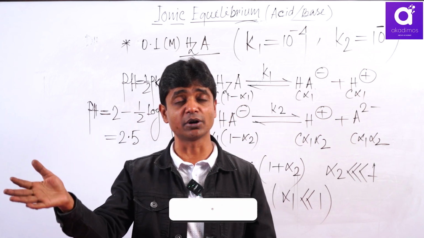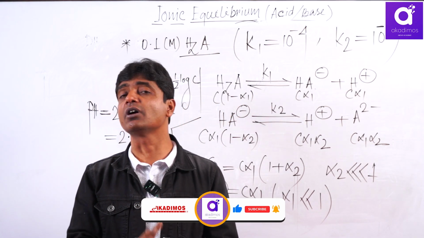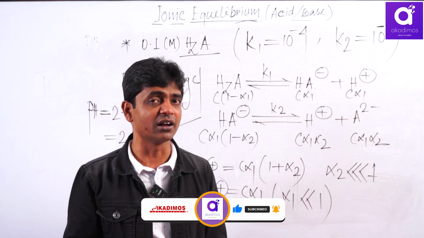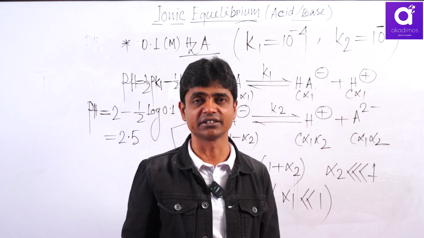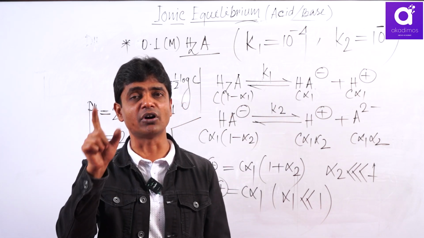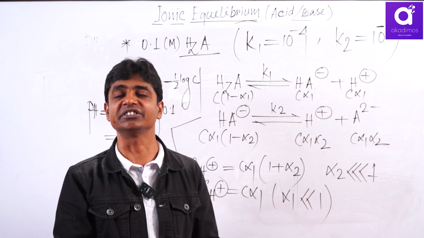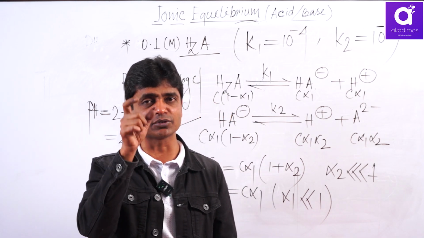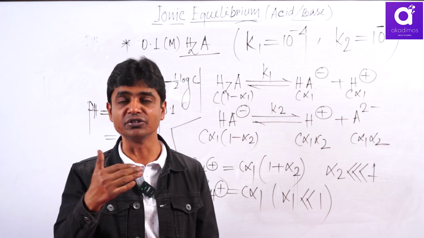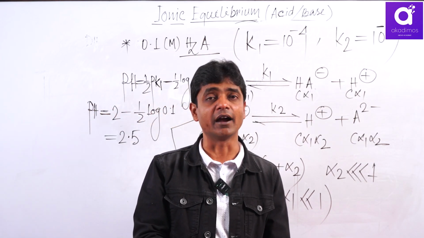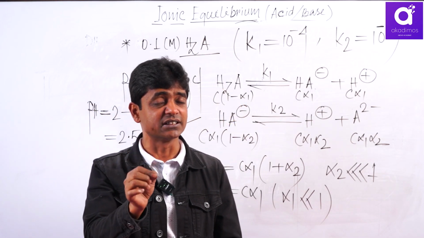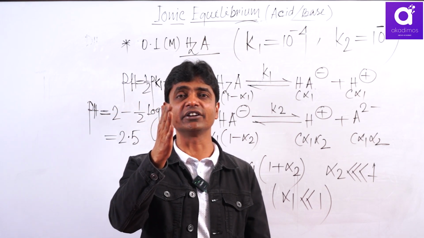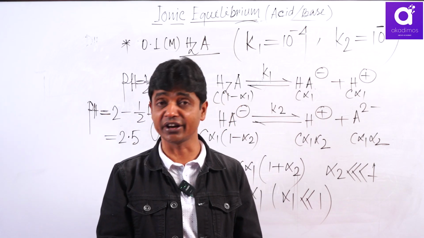And just apply the same formula, pOH is equal to half pKb minus half log C. That pKb is the pKb of acetate, and that pKb is 14 minus the pK of acetic acid. And I told you that Kb of acetate is the Kh of the sodium acetate salt, the hydrolysis constant. And alpha is equivalent here to the degree of hydrolysis h. And the percentage of hydrolysis you will get by multiplying by 100.